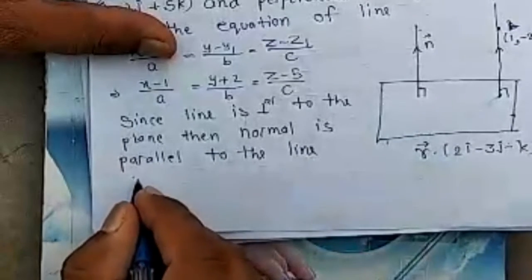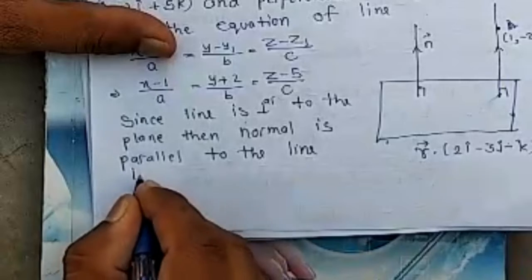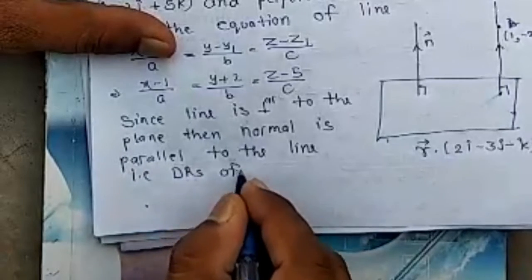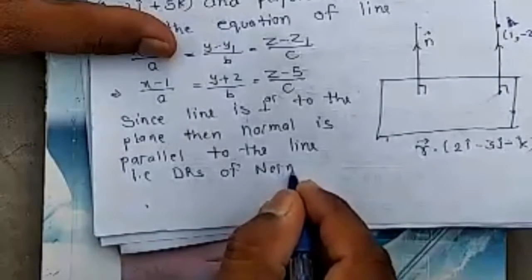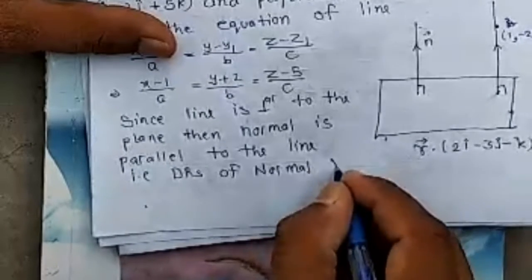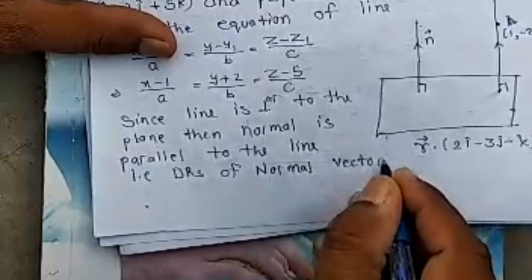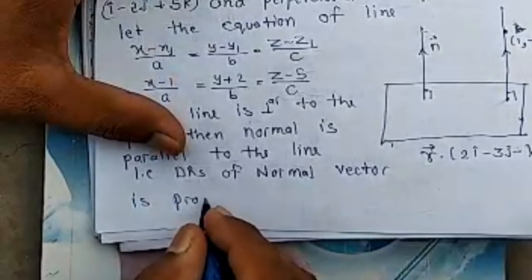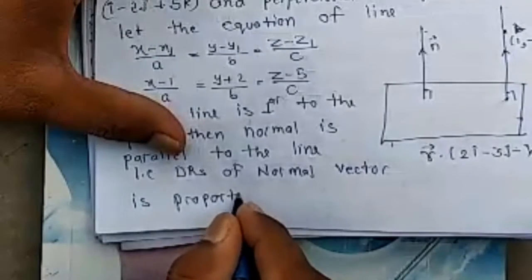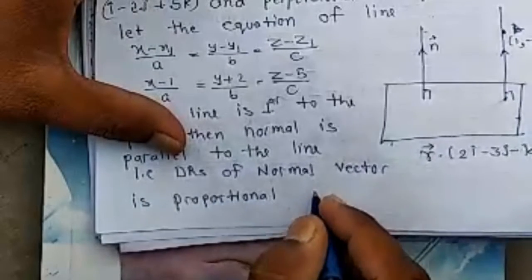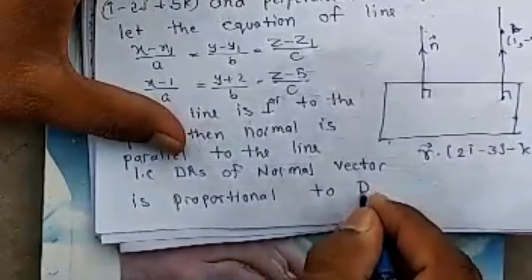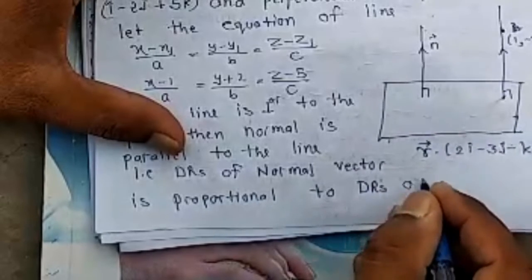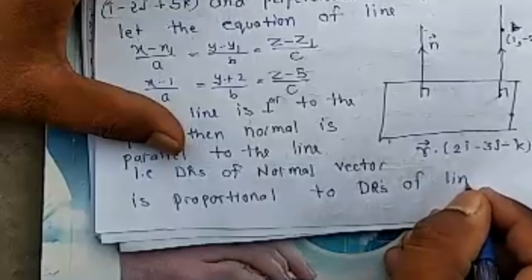That is, the direction ratio of the normal vector is proportional to the direction ratio of the line.